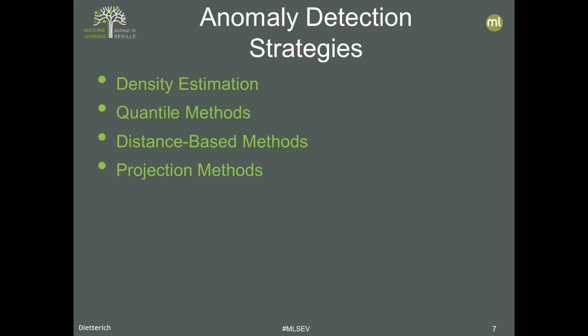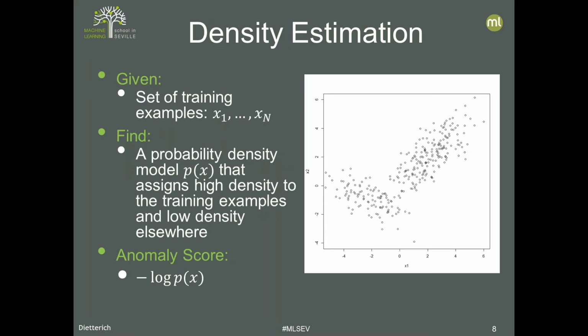So there are generally 4 anomaly detection strategies that have been studied in the literature, and let's go through those. The first is density estimation. This is the first thing, I think, that anyone with a mathematical mindset thinks of.